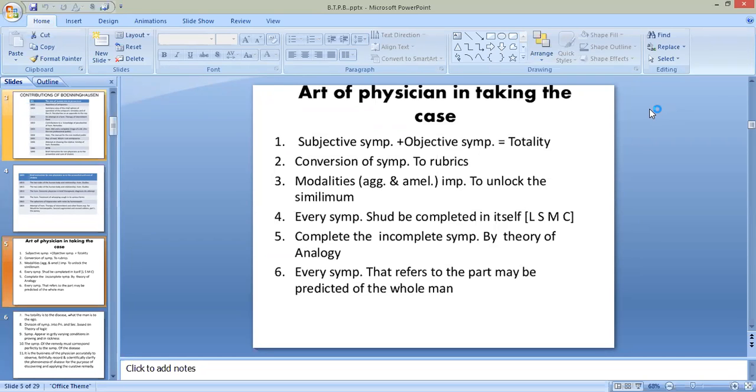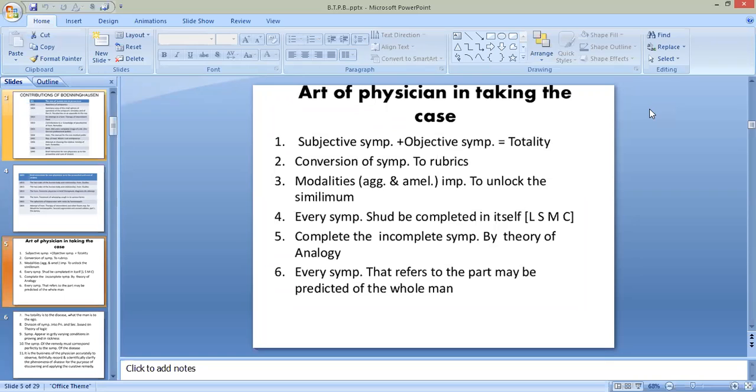But Dr. Boenninghausen used these general symptoms only at the last step of repertorization, when he got the group of similars after repertorization, then for final selection of the simillimum, he used these general symptoms.